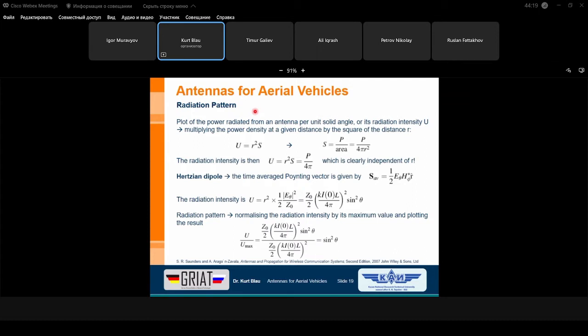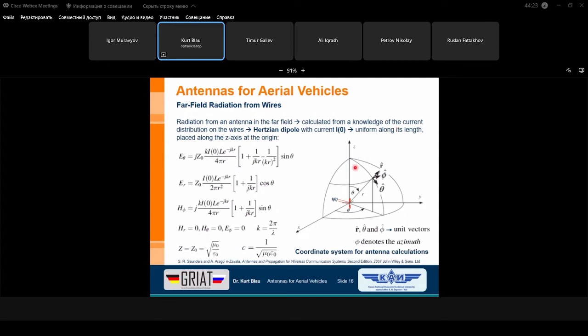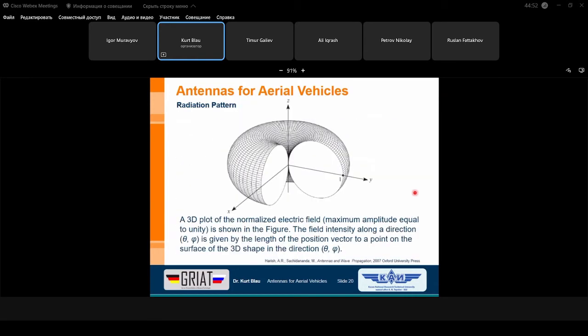So we could fly with a drone around our dipole, and we can make snapshots from our measurement results at a lot of points. If we have the coordinates of all these points around the antenna, then we can realize a grid. This is what you have seen here.